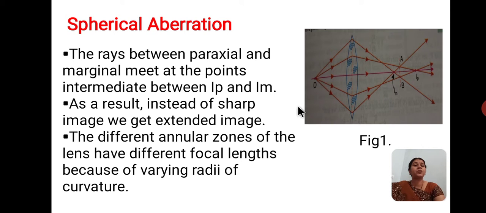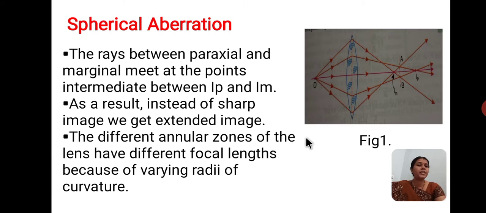Because the different annular zones of the lens have different focal lengths, due to the varying radii of curvature. As a result, instead of getting a sharp image, we get an extended image, not a well defined image.